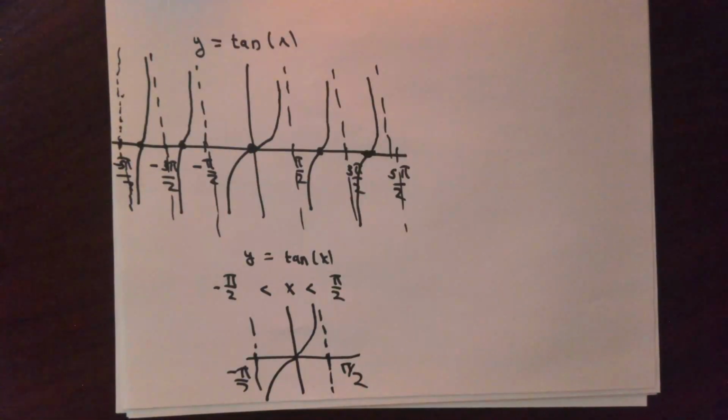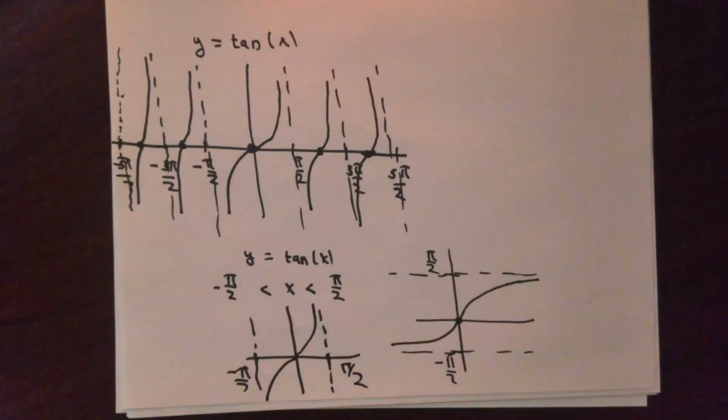If I interchange the x's and the y's, I will reflect this graph about the line y equals x. Things that were x's now become y's and vice versa. Things that were vertical become horizontal instead. Instead of having vertical asymptotes, I'll have horizontal ones instead.